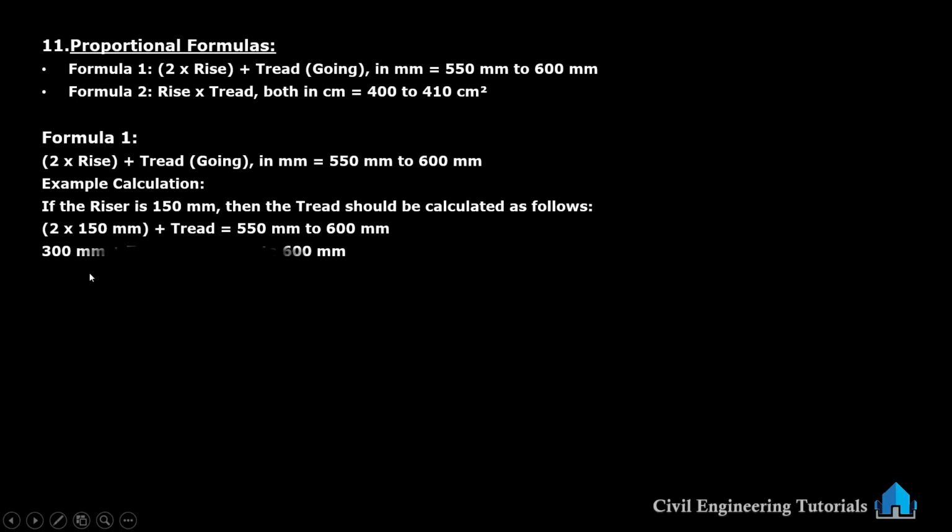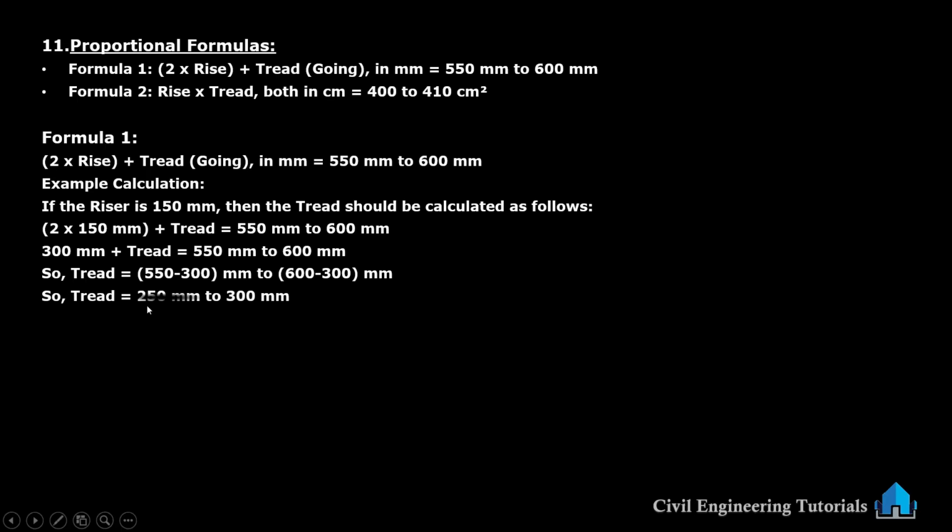So 300 mm plus tread is equal to 550 mm to 600 mm. 2 into 150 is 300 mm. So tread is equal to 550 minus 300 mm to 600 minus 300. So tread will be 250 to 300 mm.